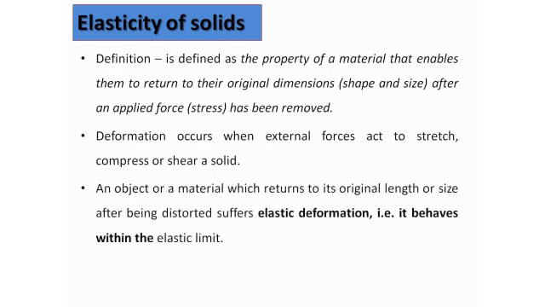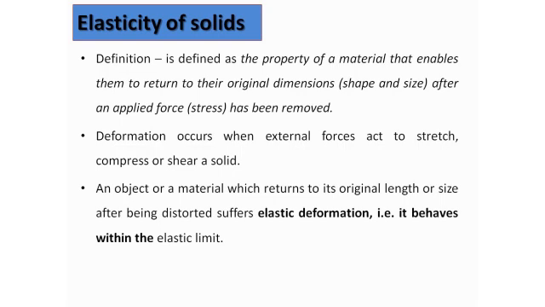Clear? So an object or a material which returns to its original length or size after being distorted generally undergoes elastic deformation. That is, it behaves within the elastic limit. I repeat, suppose we have a rubber band.